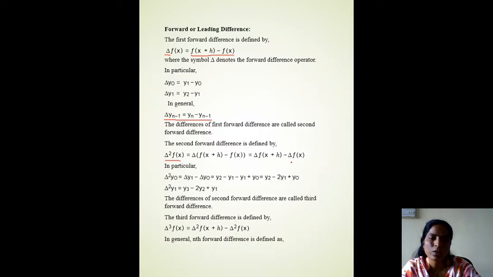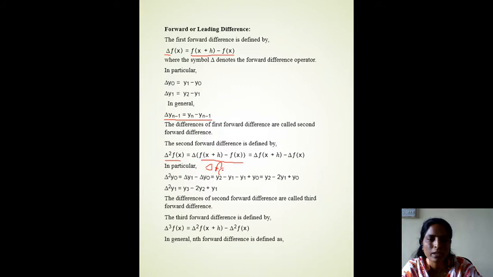So delta square f of x is nothing but delta of delta f of x. It's very difficult to write on screen, but I am trying, so bear with me.